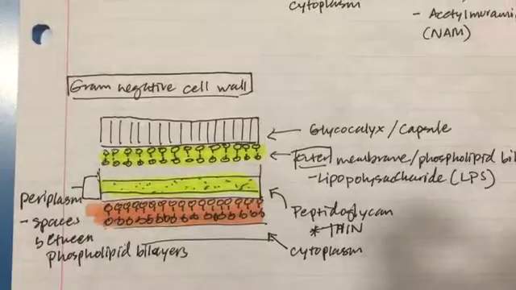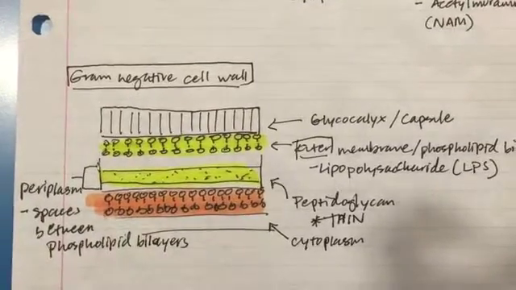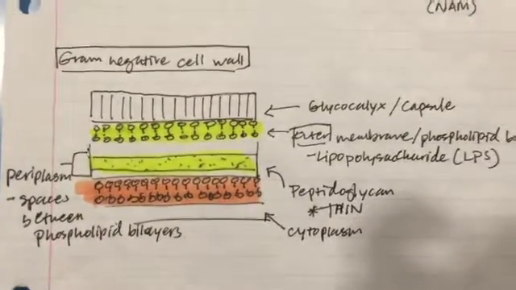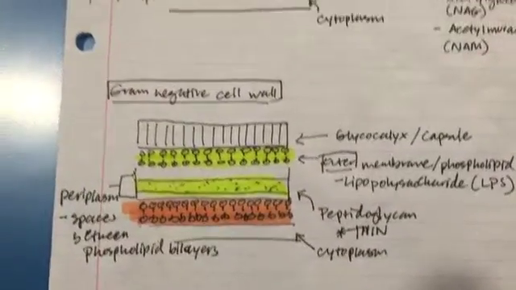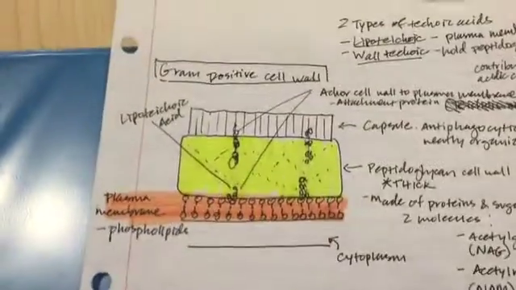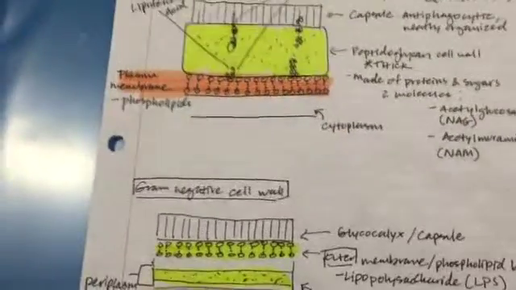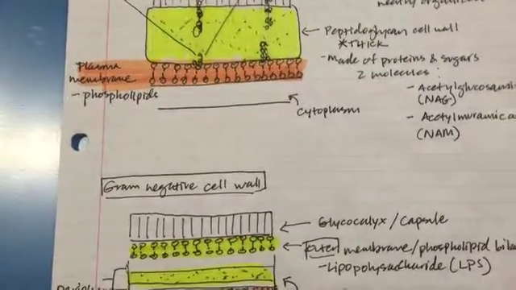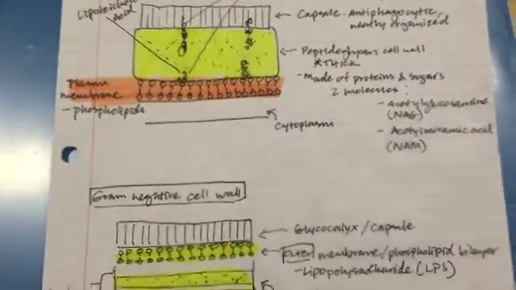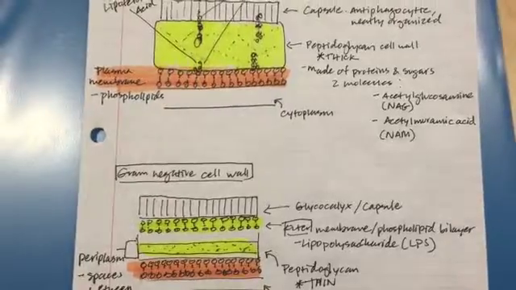Okay, so just in general, some key terminology for the cell wall and also the features that we've discussed so far between gram-positive and gram-negative. Peptidoglycan. So again, this is a protective layer for bacteria.